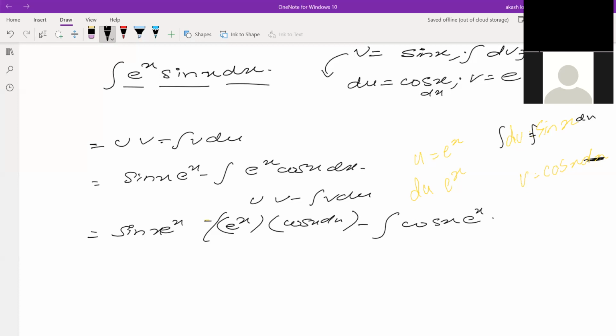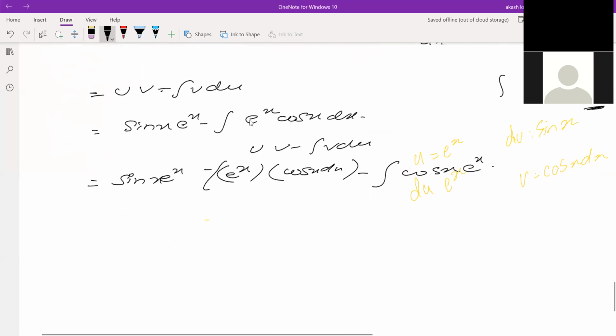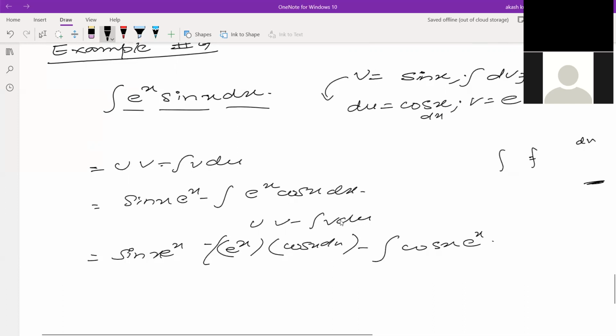Okay, one minute, I'm thinking. I think we have to integrate again if we are doing it this way. Let me just check it out. If I'm taking u as sin x and dv as e^x dx, then my du is going to be cos x dx, and my v is going to be e^x. Okay, so uv is sin x e^x minus.